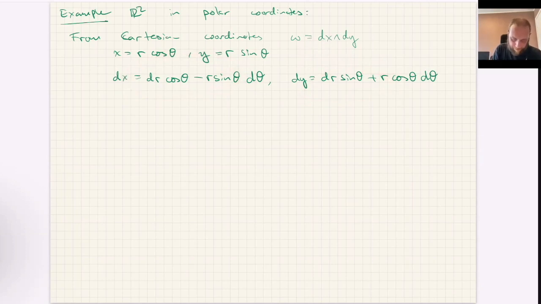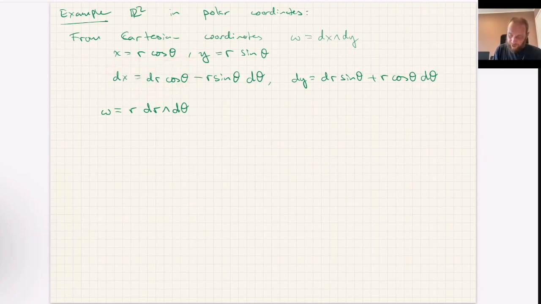what I get is that this omega expressed in polar coordinates is going to be r dr wedge dθ. I mean, that's just taking, first of all, when you take dx wedge dy, you get two non-zero terms.